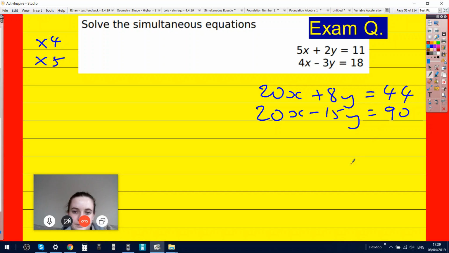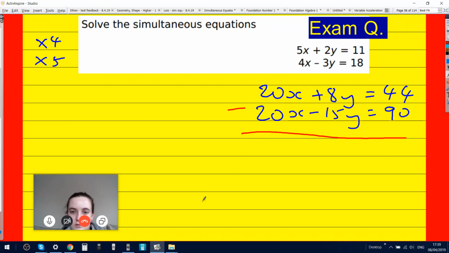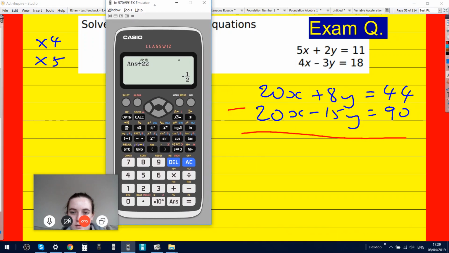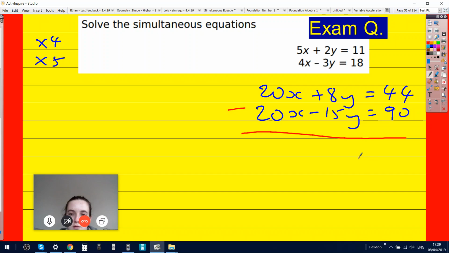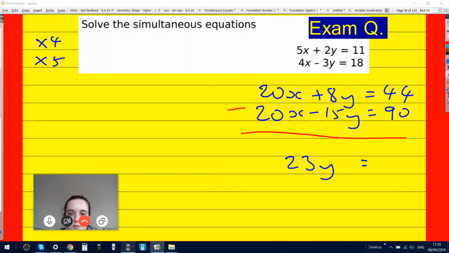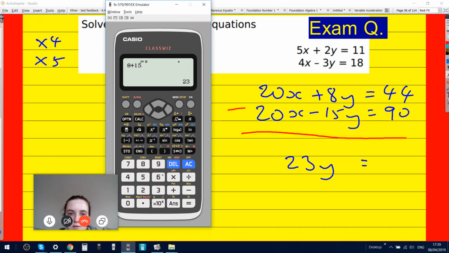And then minus, so plus 8 plus 15, which is 23. 23y equals 46.